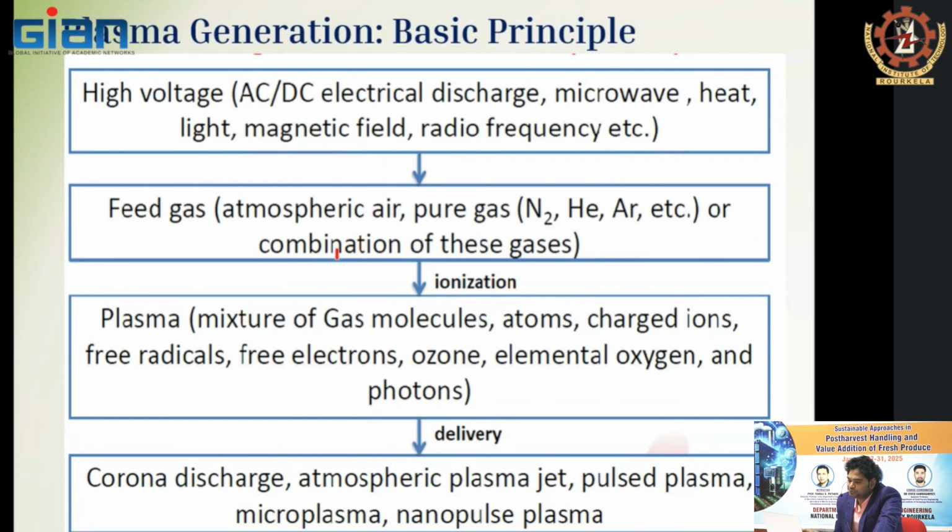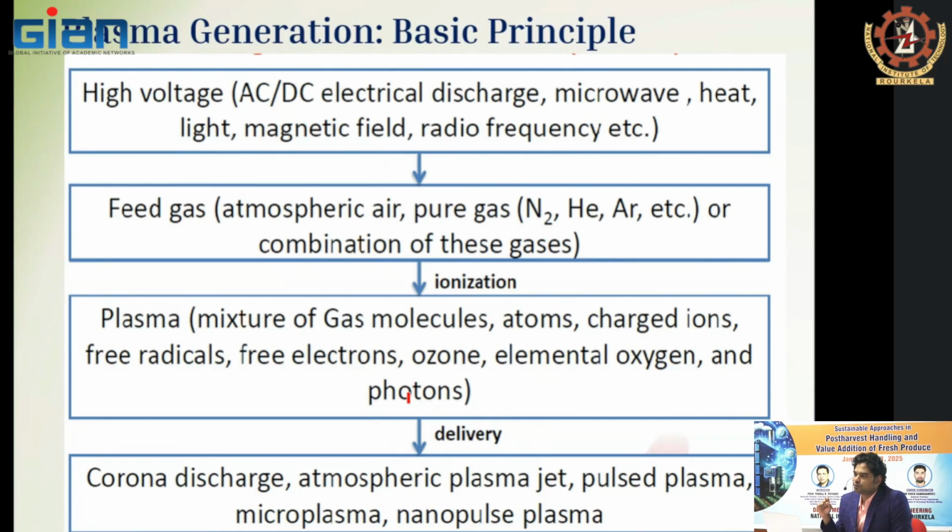So plasma has a mixture of gaseous molecules, atoms and charged ions, free radicals, free electrons, ozone, elemental oxygen and photons. These are the composition of plasma. And the delivery system depends upon the method of plasma production we are adopting. There is the corona discharge method, when you use a sharp edge to discharge the charged particles.